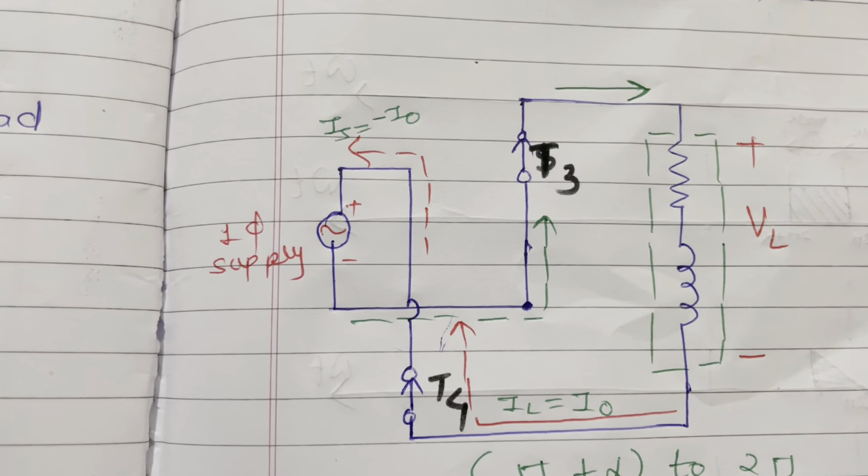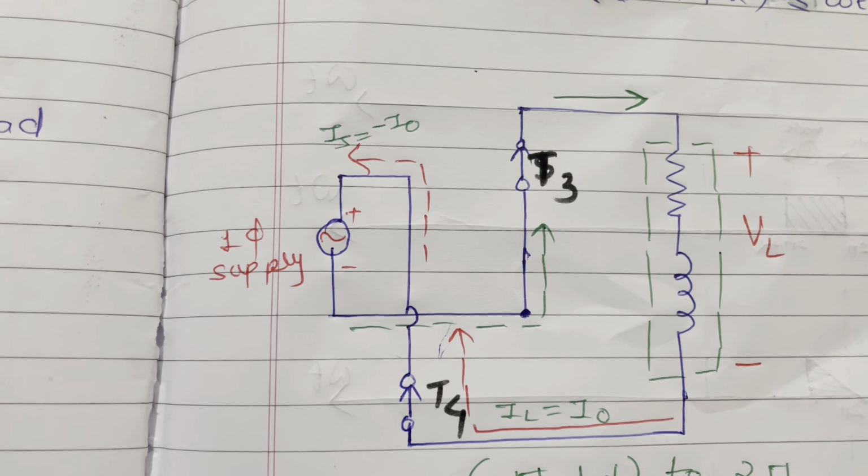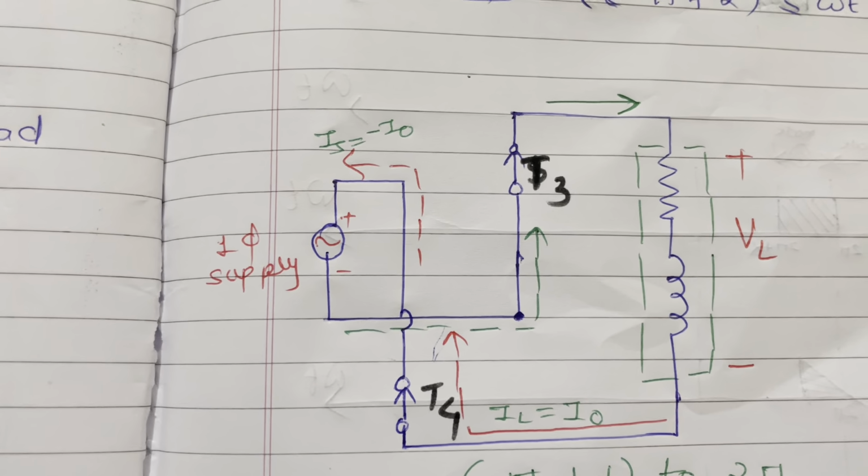This reverse line voltage will commutate the conducting SCRs due to line commutation.